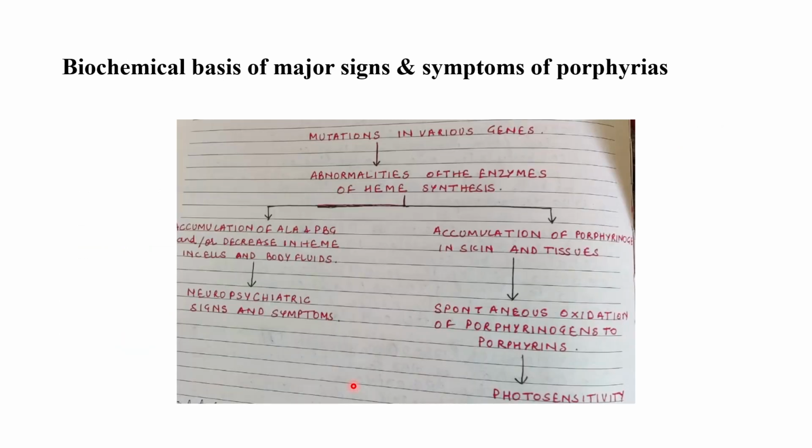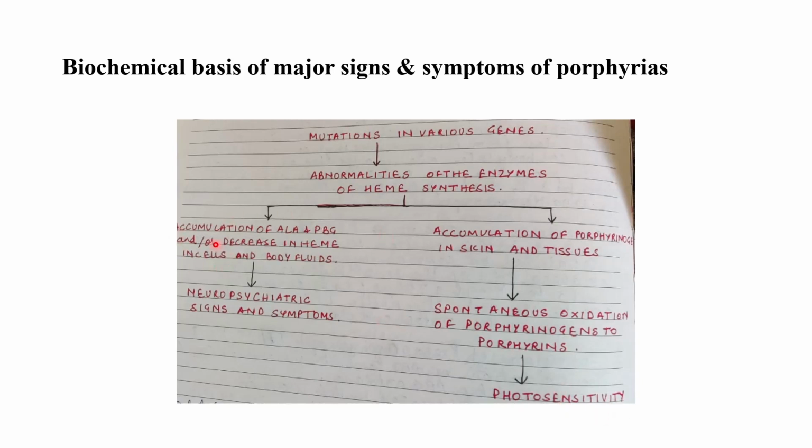Now the basic biochemical basis of major signs and symptoms of porphyrias. Whenever there are mutations in various genes, then abnormalities of the enzymes of heme synthesis lead to accumulation of porphyrinogens in skin and tissues, which causes spontaneous oxidation of porphyrinogens to porphyrins, and that is the cause of photosensitivity.